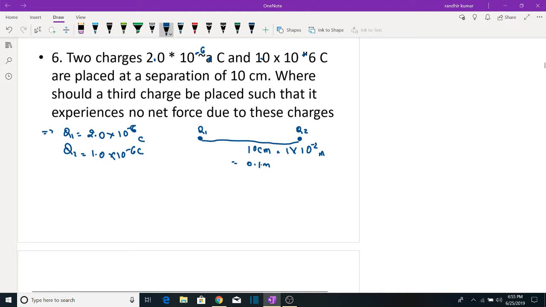And where should the third charge be placed such that it experiences no net force due to these charges? So 10 centimeter is our distance, and now we have to place a charge where the net force becomes 0. Let us find this: if the charge is placed between the two charges, that is the third charge, the net force can be 0. The total distance is 10 centimeter.